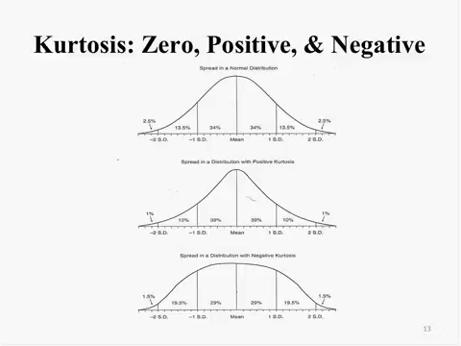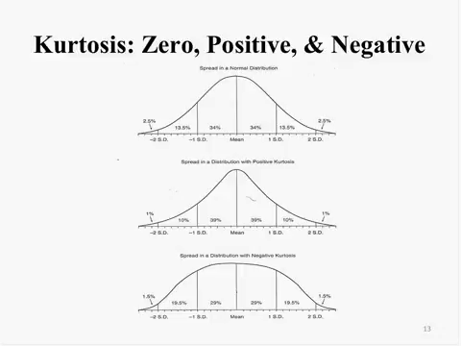Over in the bottom right of slide 12, we have negative kurtosis, and now you can see that a lot more of the data is occurring further away from the mean, median, and mode, resulting in a semi-flat top, and you've got a much wider distribution.